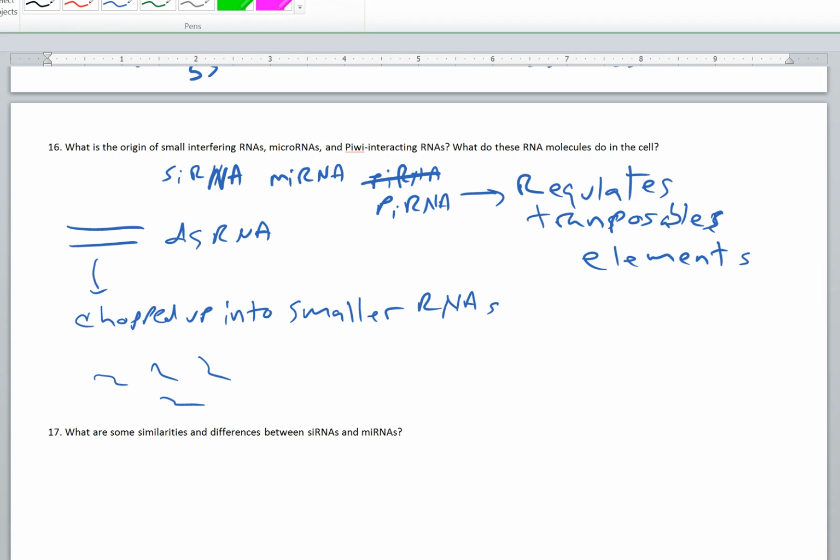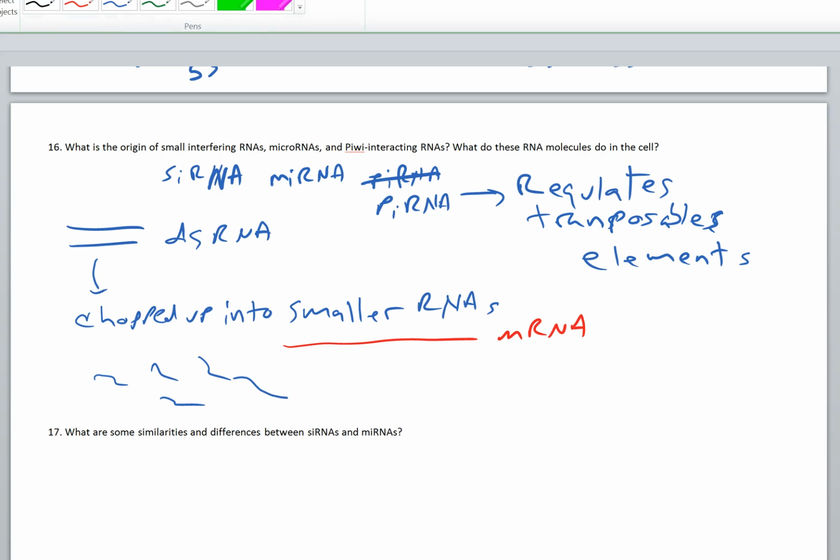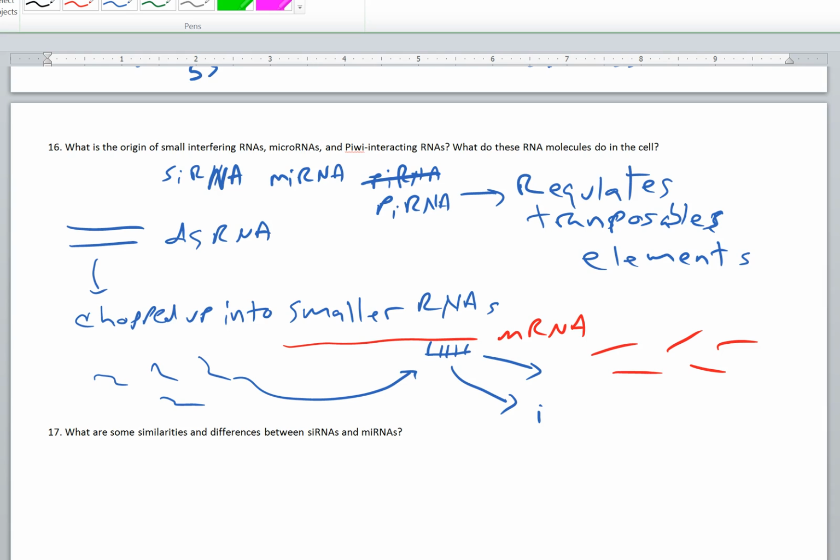So let's say here's another gene, this is an mRNA. One of these RNAs, if it matches here, it'll stick to it. And it'll cause this to get degraded. Or sometimes it'll stick to it and it will inhibit translation.